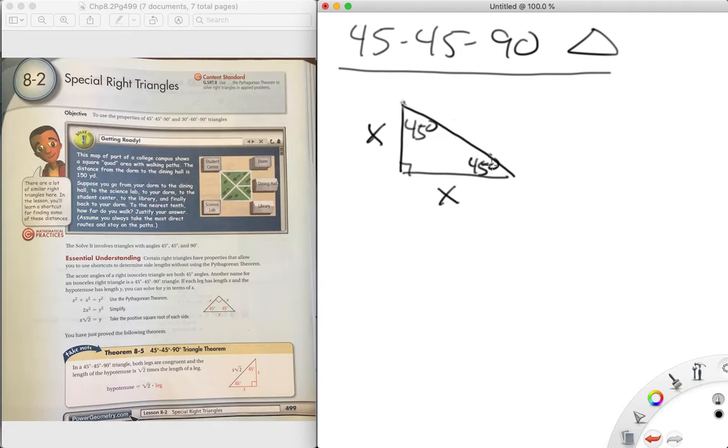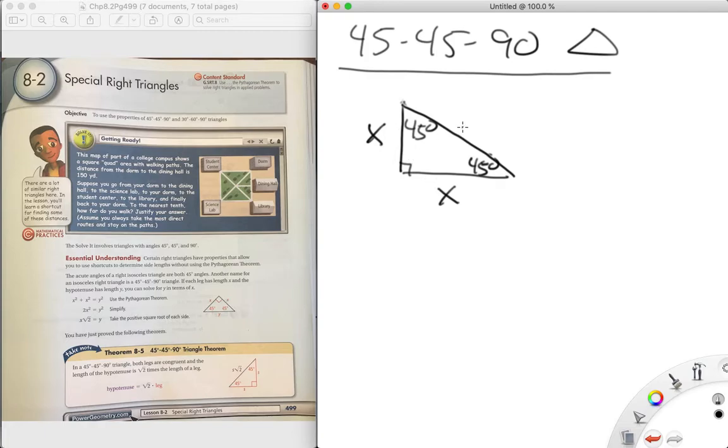All right, 45, 45, 90. When I add these up, they all add up to 180. If this is 45 and this is 45, and these two legs are the same.